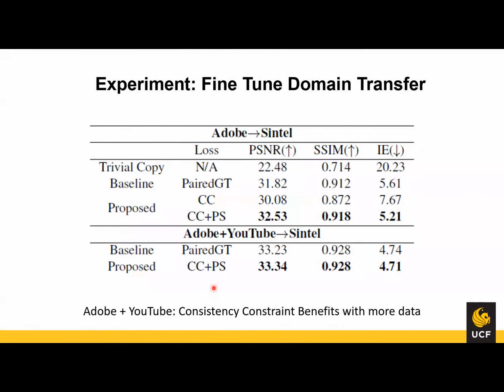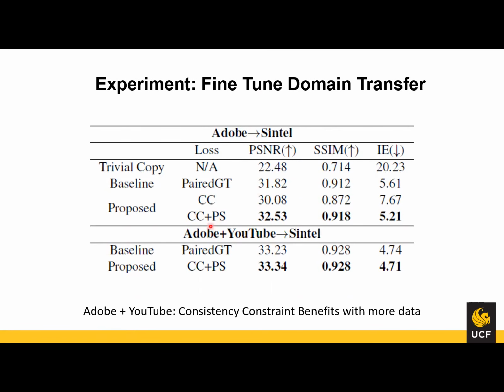Okay, so for these results, we're training on Adobe and we're testing on Sintel. And Sintel is totally computer generated, and Adobe is a real life, real scenario kind of result. So this is a prime example of domain retargeting. And as you can see, the proposed method presents a significant gain over the baseline method.